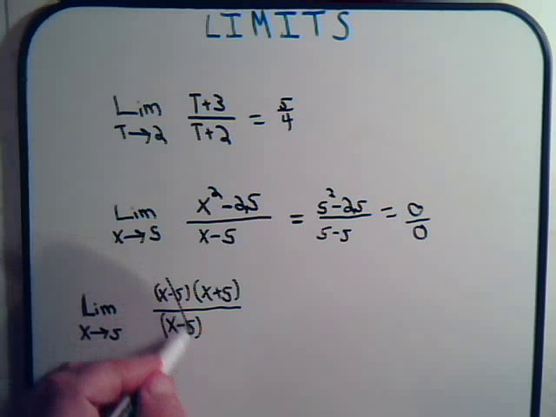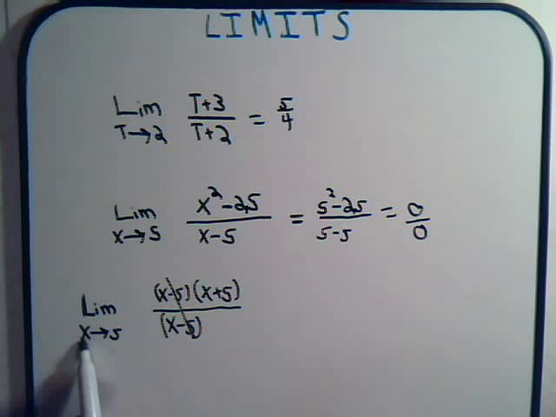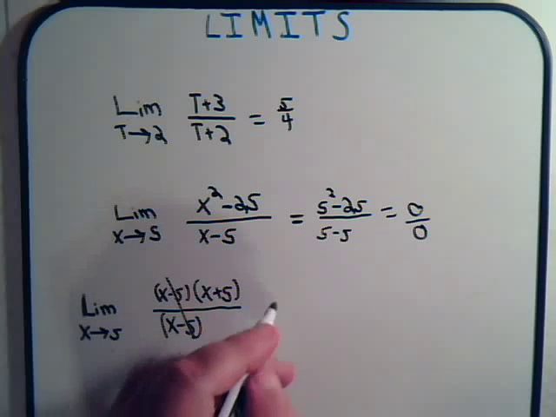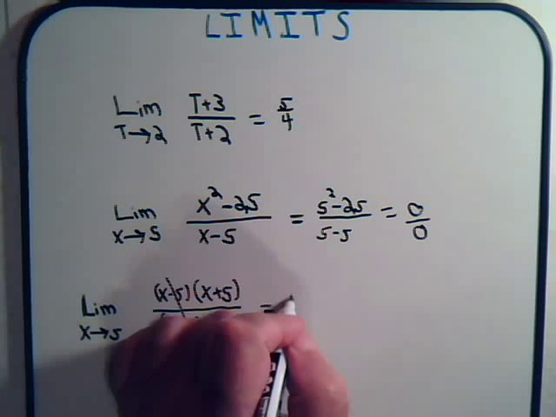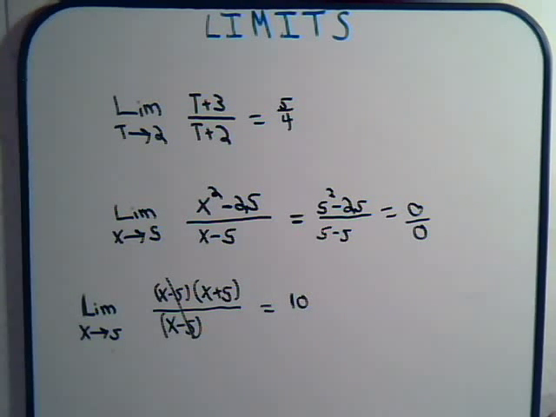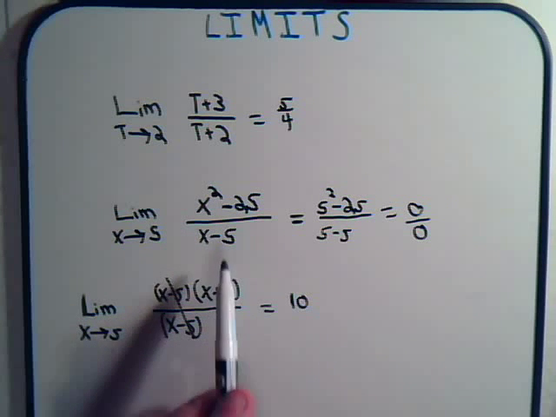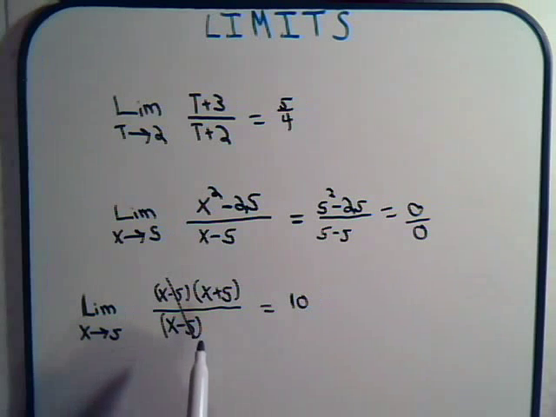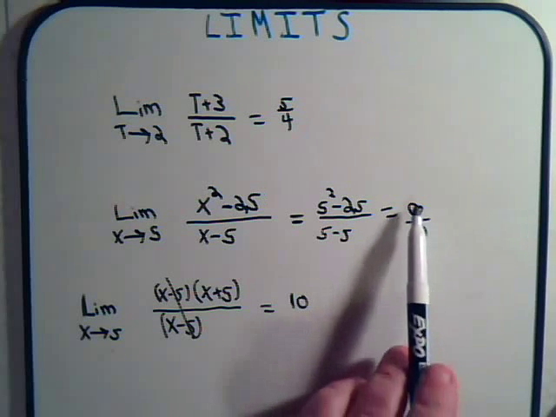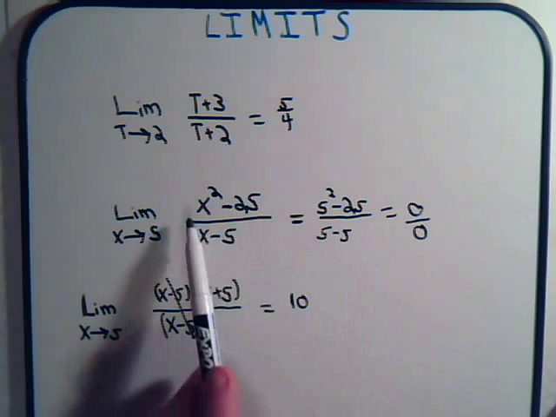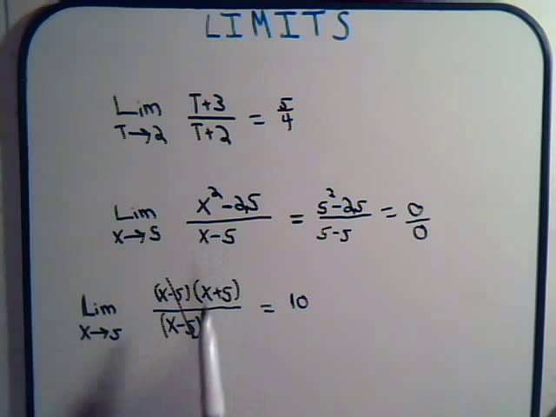So these cancel out. Now when we plug in 5 for x, this equals 10. And that's what the limit of this is, because it's the same expression. So sometimes you come up with a nonsensical answer. One way we can get around it is by doing a simple factorization.